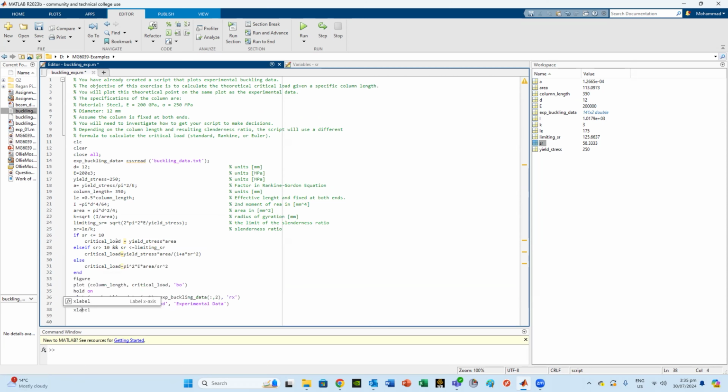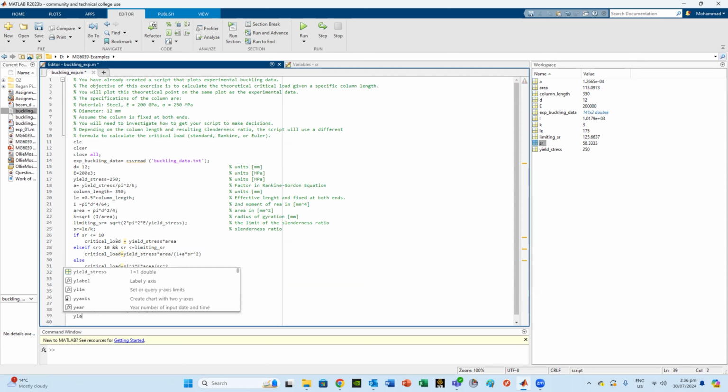X label. So what we'll label on the X, you have the column length, and the units are in millimeters. And the Y label, the Y will represent for us critical load, in newtons.